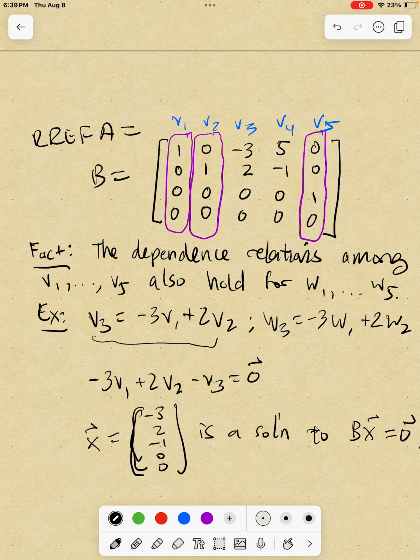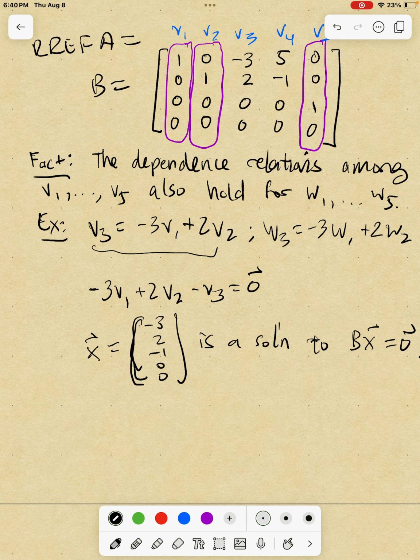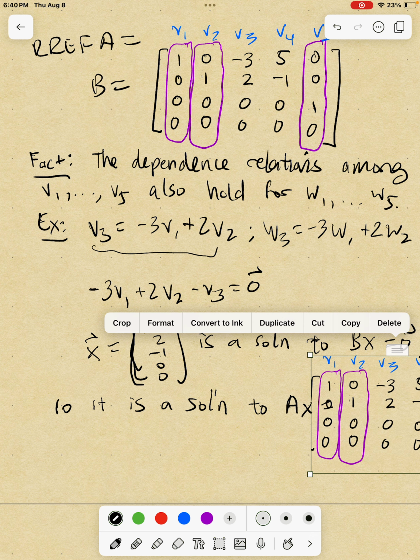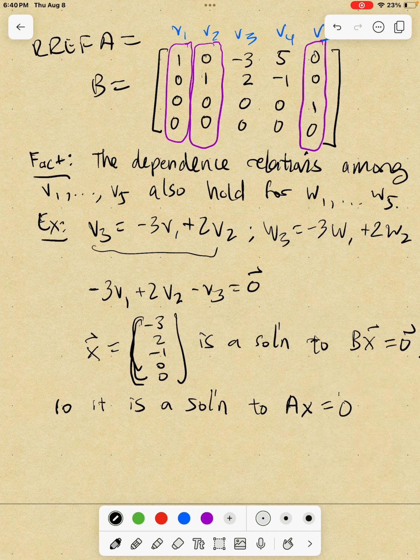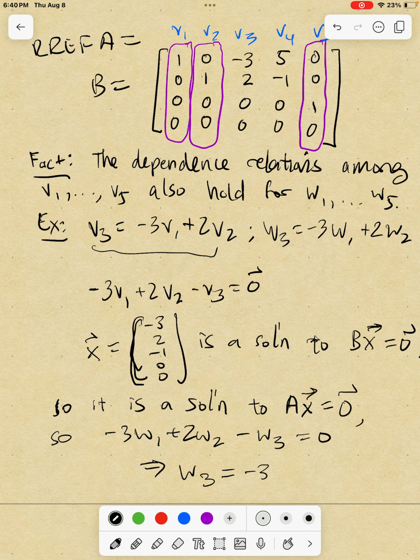But the solutions to Bx equals 0 are the same as the solutions to Ax equals 0. So it is a solution to Ax equals 0. And since it's a solution to Ax equals 0, that means that A times that vector equals 0. So we must also have negative 3 W1 plus 2 W2 minus W3 equals 0. And that's the same as saying that W3 is negative 3 W1 plus 2 W2.